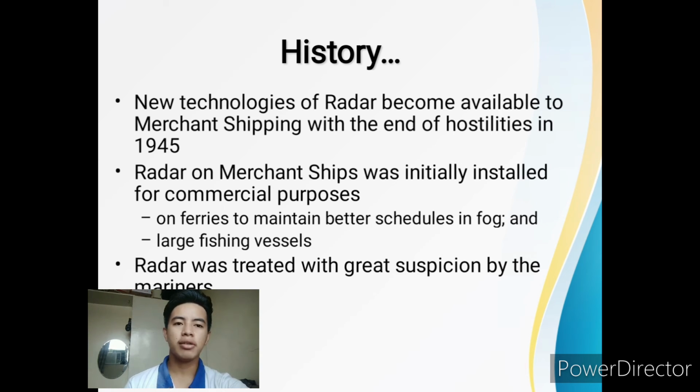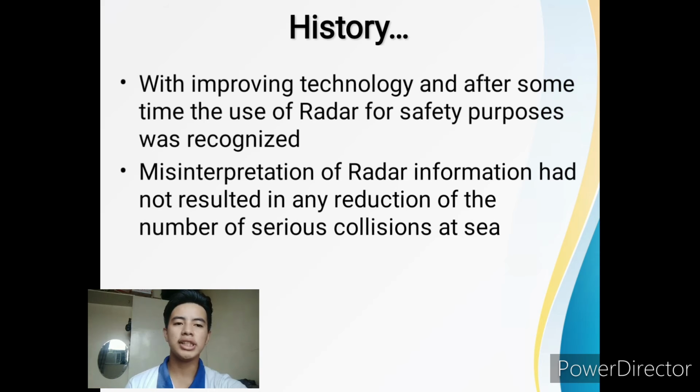Radar was treated with great suspicion by the mariners. With improving technologies and after some time, the use of radar for safety purposes was recognized. Misinterpretations of radar information had not resulted in any reduction of the number of serious collisions at sea.